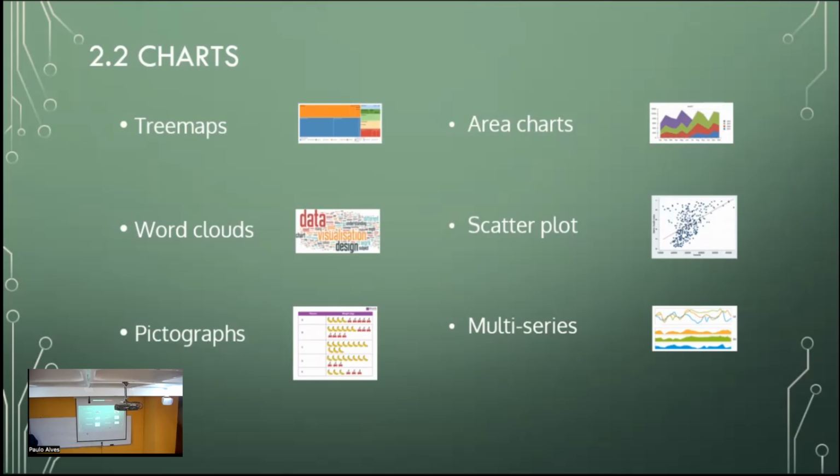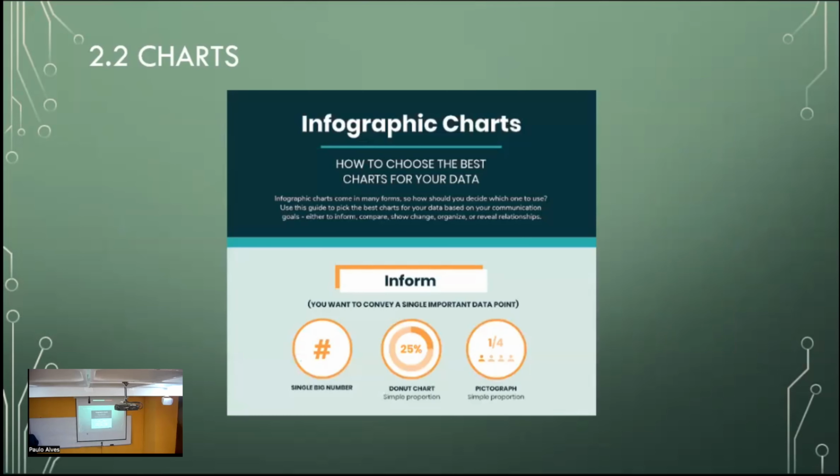So how to choose the best chart for the type of data? This is a very nice pictogram that I like to share always when we talk about graphics. The first one is to inform. So if you want to convey a single important data point, you see examples in the previous infographics.